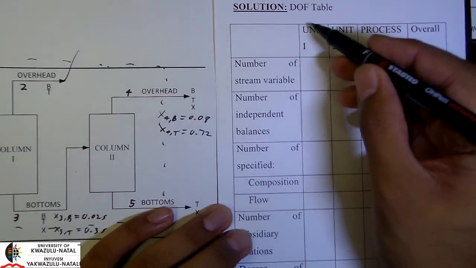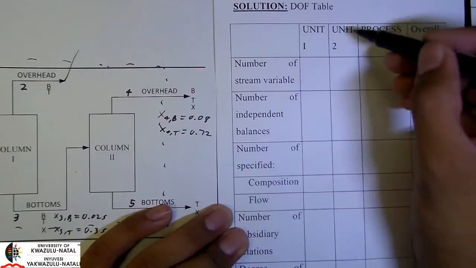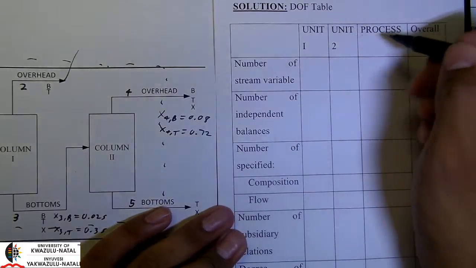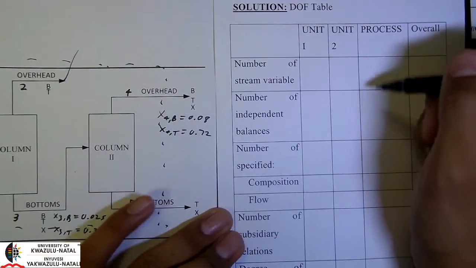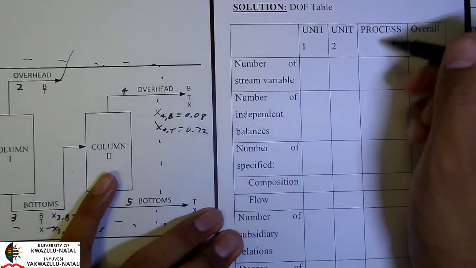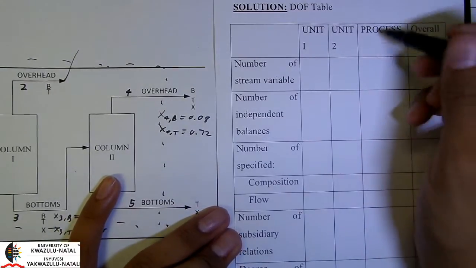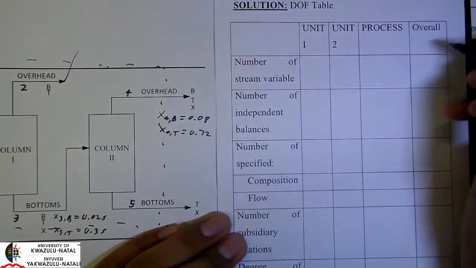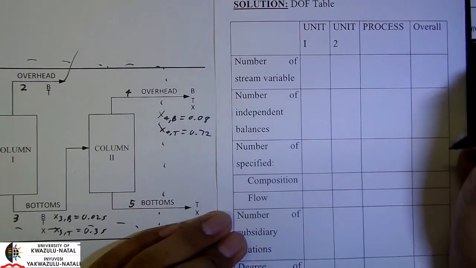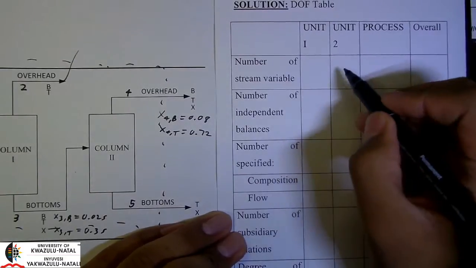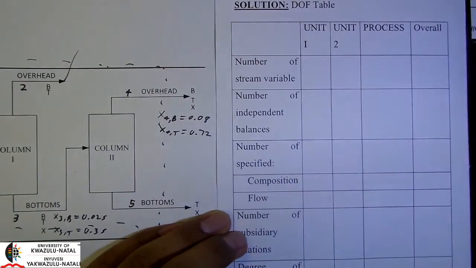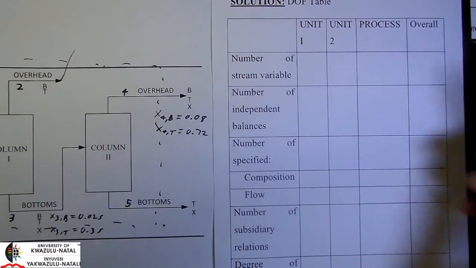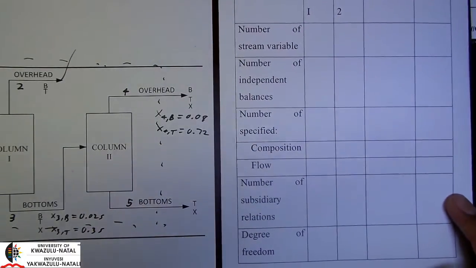We could write a balance around unit 1, column 1, a balance around column 2, or we can consider the process and write down every single balance that we can possibly obtain and solve everything all together, which is a very tedious option. Or we can start by solving the overall balance. Now, either of these balances could be a good place to start. Or perhaps there's only one of these units that would be a good place to start.